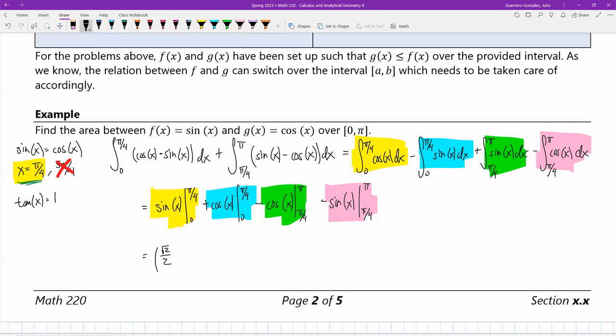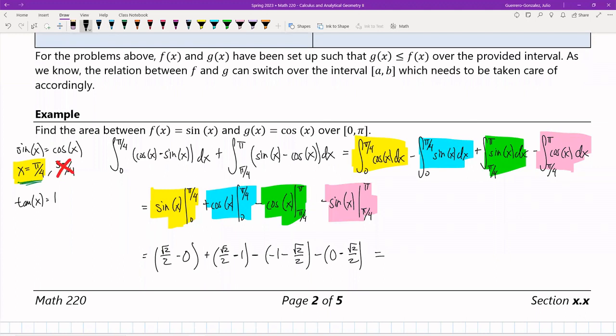Root 2 over 2 minus 0, plus root 2 over 2 minus 1, minus a negative 1, minus root 2 over 2, minus 0, minus root 2 over 2. So that's each one of the computations from the section above it.